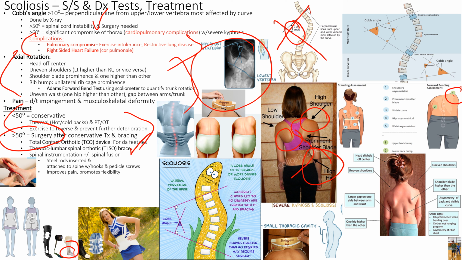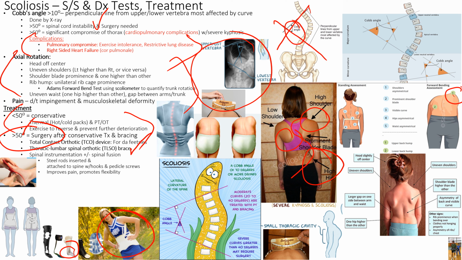And then if that doesn't work, we can use what are called TLSOs, the thoracic lumbar spinal orthotics. These are going to keep the spine in as much alignment as we can. And if we need to, we might have to get surgery, because usually it's greater than 50 degrees when you're using these, and surgery might be needed. So this is usually going to help prevent the need for pain meds, hopefully.